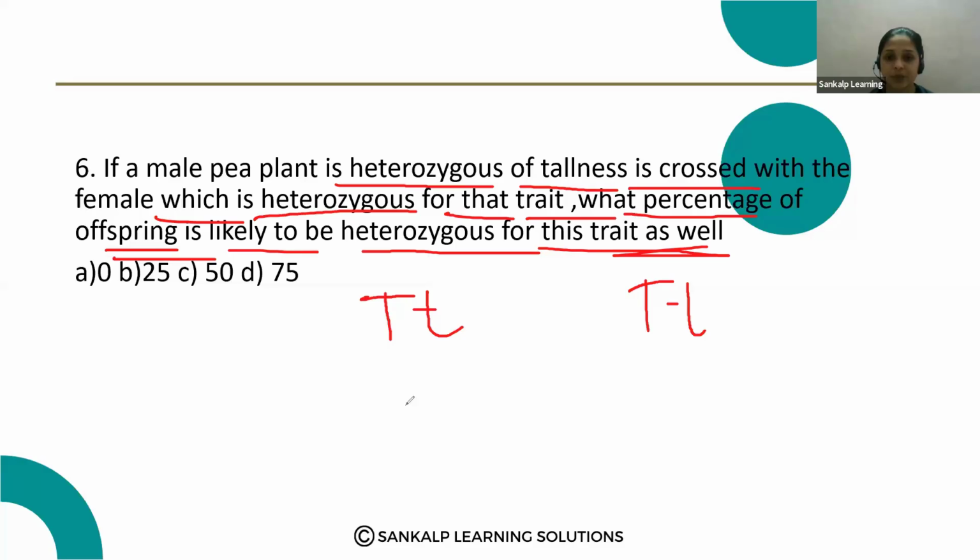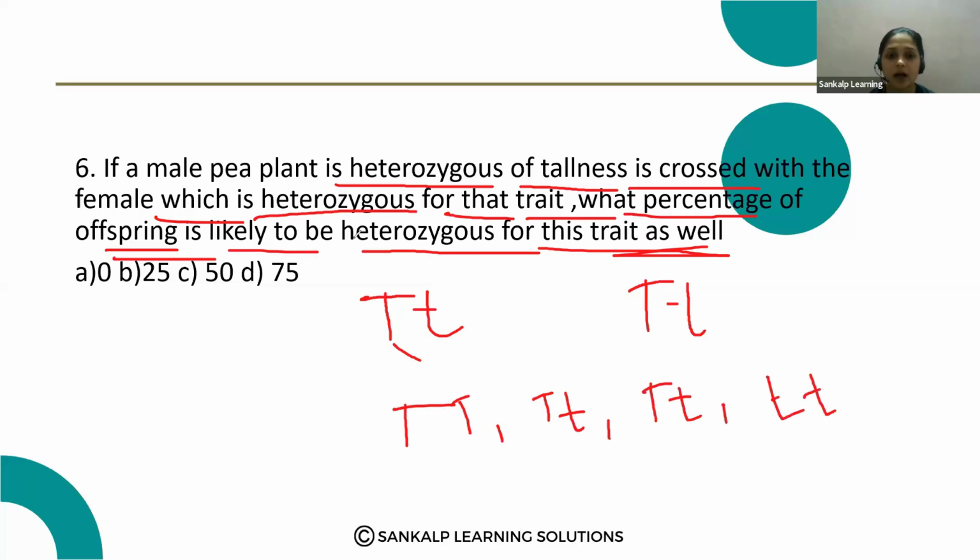Here I will take Tt crossed with Tt: capital T capital T, capital T small t, capital T small t, and small t small t.